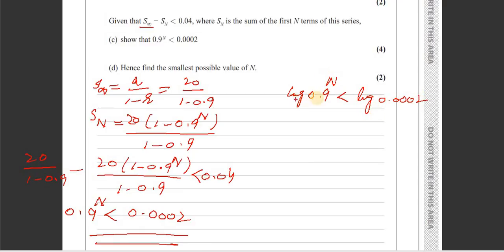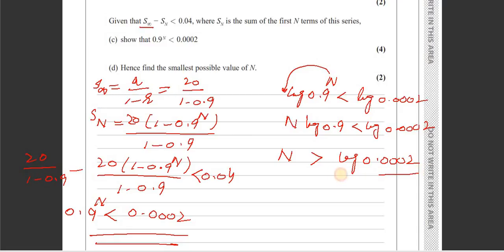So log base 10 of 0.9^n is less than log of 0.0002, and according to the log law, this n now can come down before log. So n log of 0.9 is less than log of 0.0002, and you divide the whole inequality by log of 0.9, so n is greater than log of 0.0002 divided by log of 0.9.